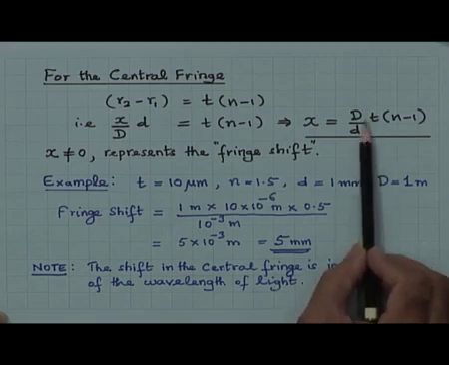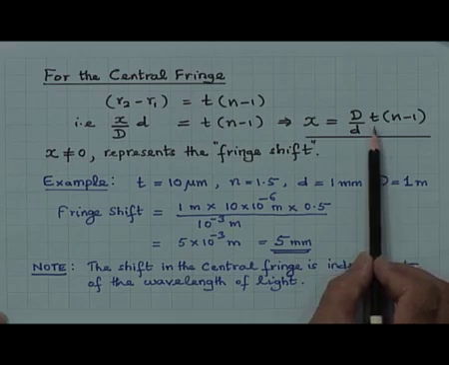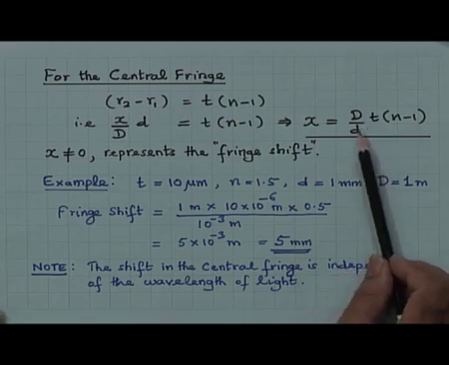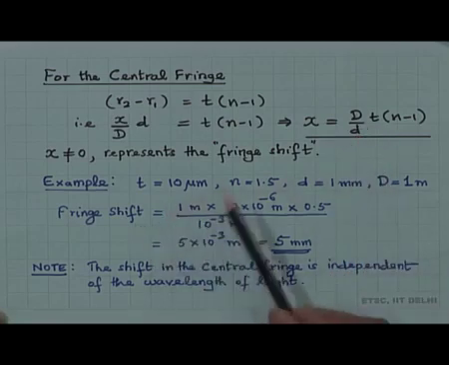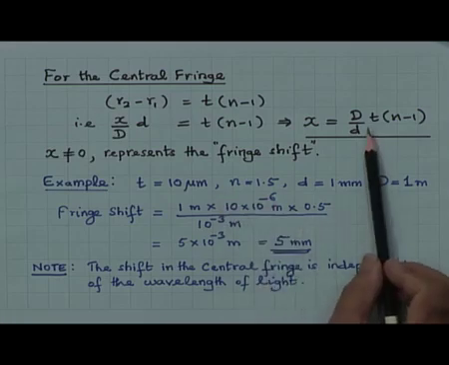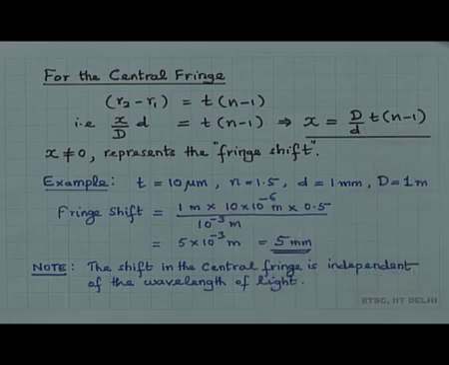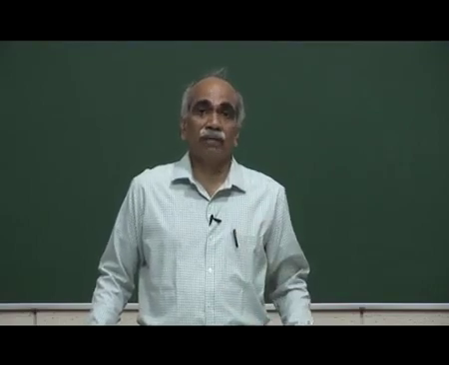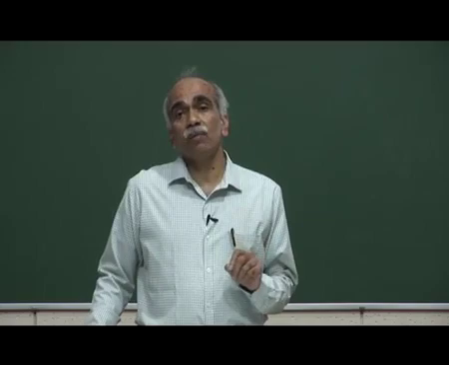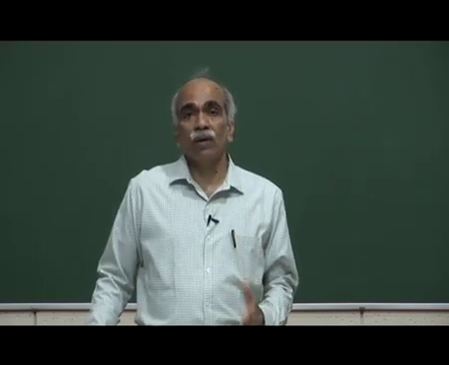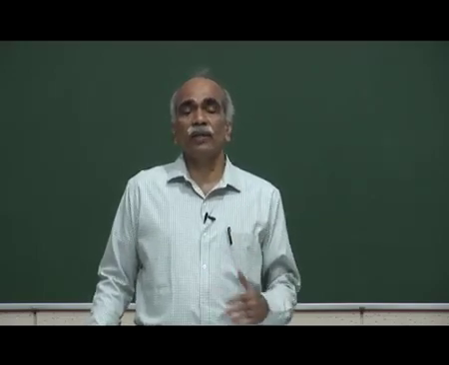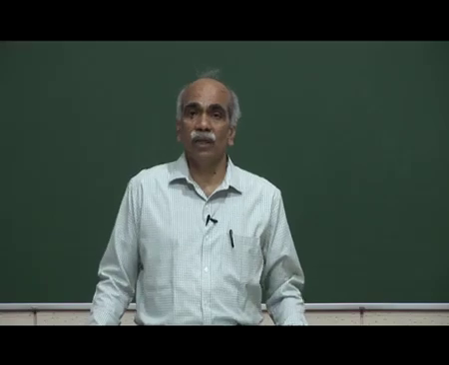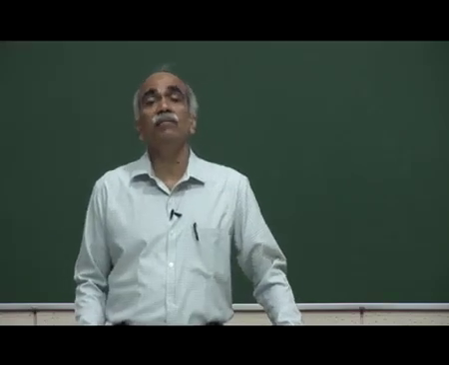A sheet of unknown thickness. This is particularly important when the thickness is very small, like a few micron. When we have sheets which are thick, we can use normal instruments like a screw gauge or other thickness measurement devices. But when the thickness becomes very small, a few micron, this is one of the nice ways of determining the thickness of thin films.